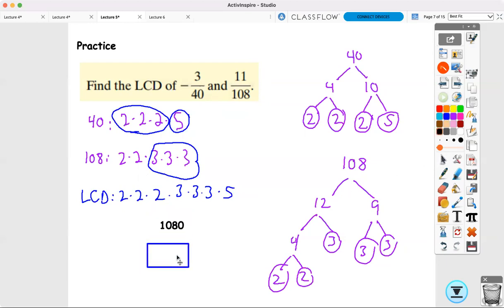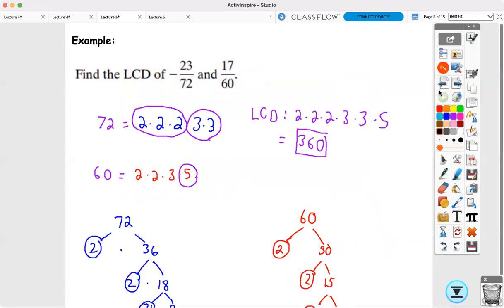But why do we put the 5 again? Because it is very important that you include every different prime factor that is shown, even if it's one time. The reason why I circled it here is because, is there a 5 in 108? No, right? So look at the step, read the step again.